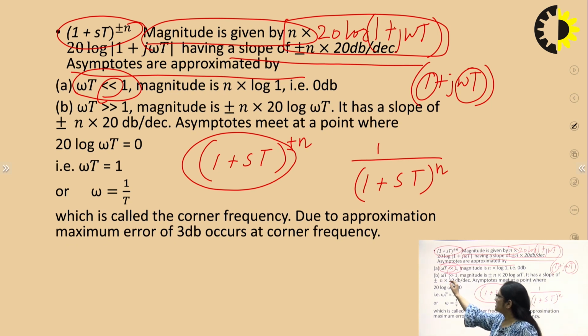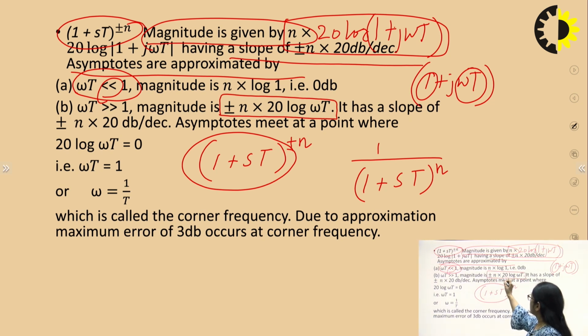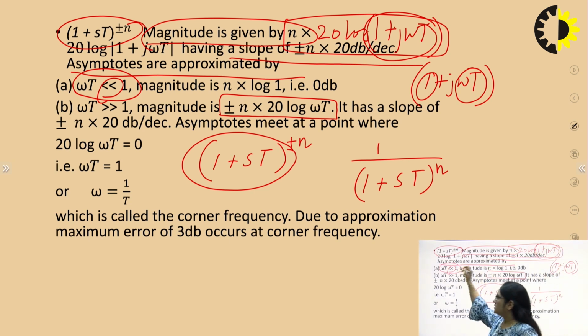Whereas when omega T is very much greater than 1, then the magnitude is plus or minus n into 20 log omega T. So we have considered this factor for the two cases, the value being very much less than 1 and very much greater than 1.